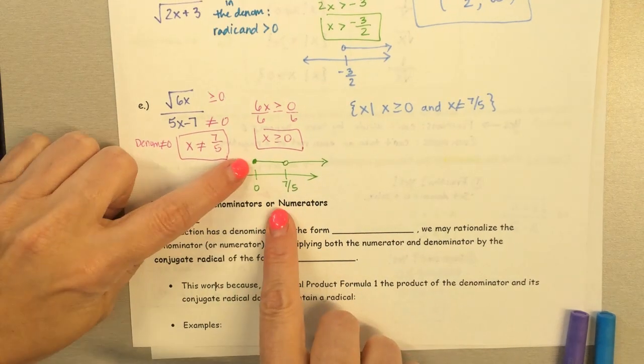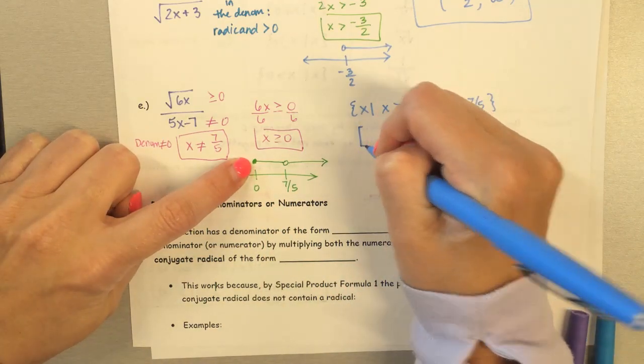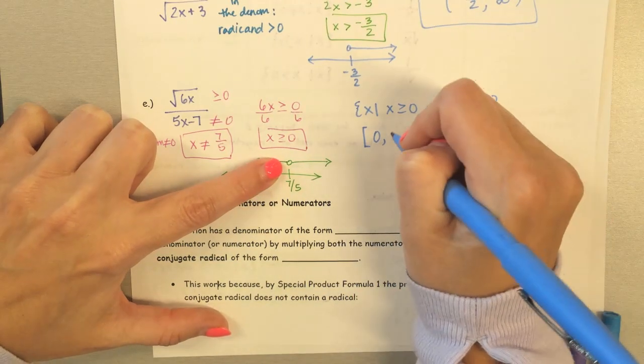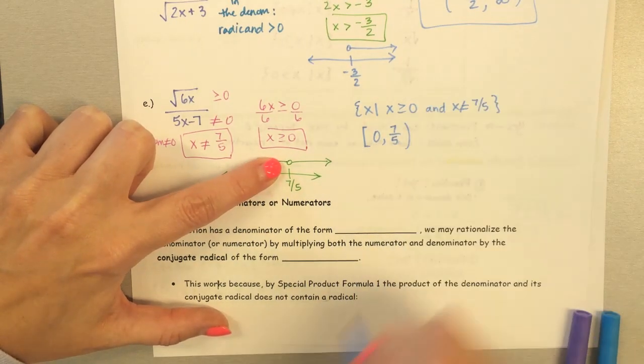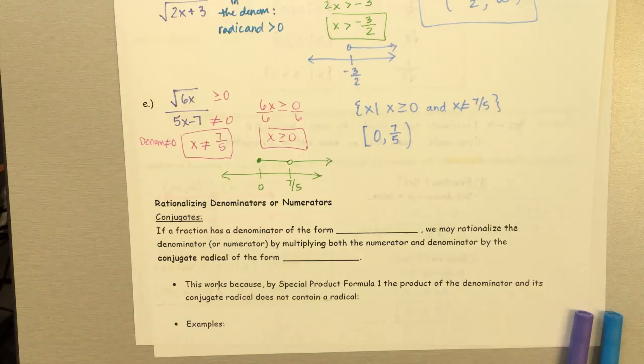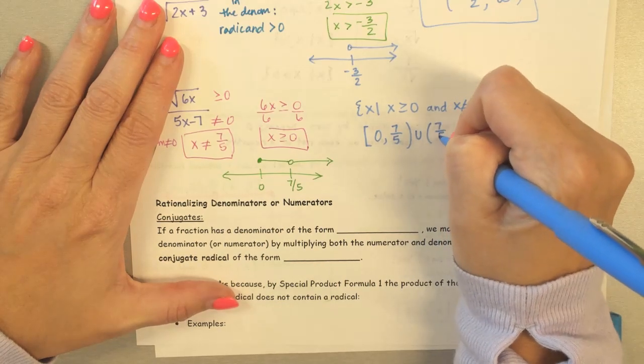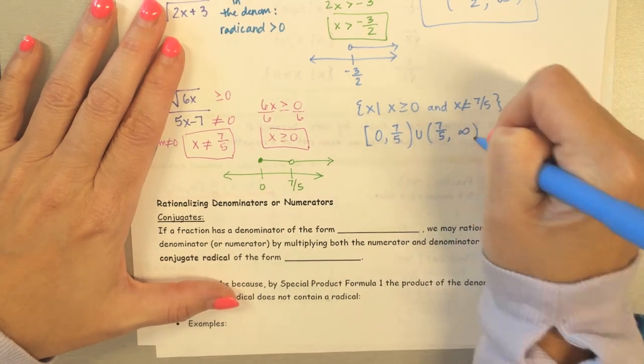If it's a closed circle, we have a bracket. So it starts at 0, it goes to 7/5, and because it can't include 7/5, we use the parenthesis. And then it goes from 7/5 to infinity.